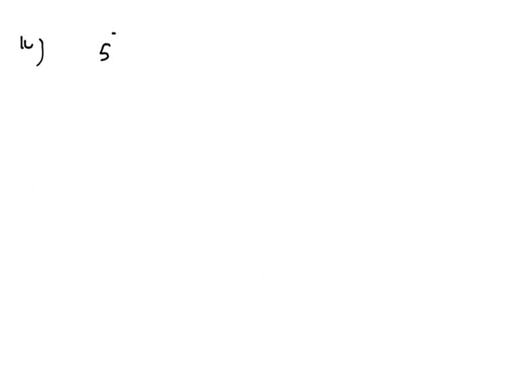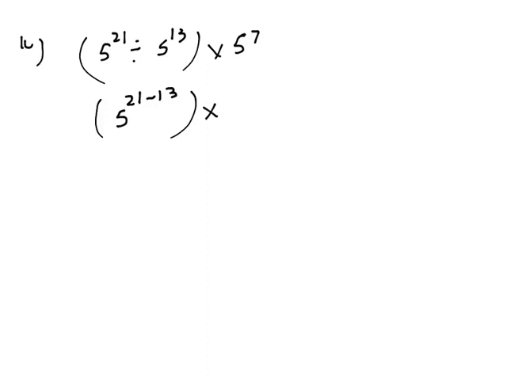Next question we have 5 raised to the power 21 divided by 5 raised to the power 13, multiplied by 5 raised to the power 7. So first of all, we will solve the part inside the brackets. Inside the bracket, base same, so exponents will get subtracted. So we will have 5 raised to the power 21 minus 13, and outside we will have times 5 raised to the power 7.